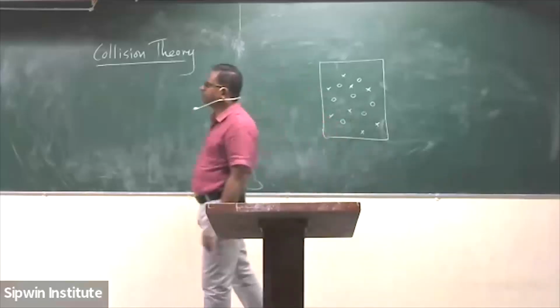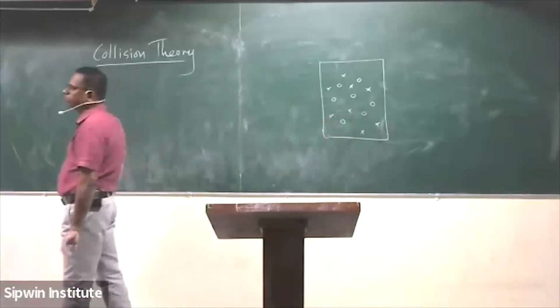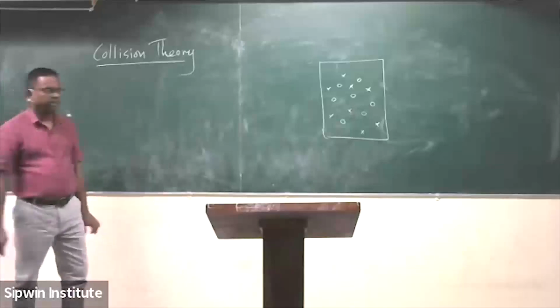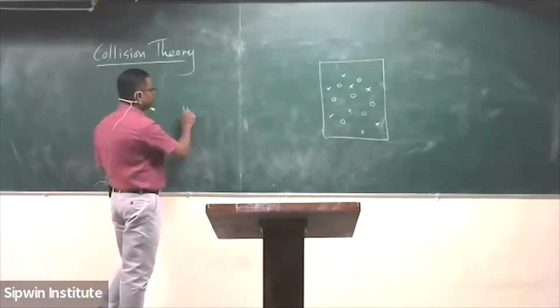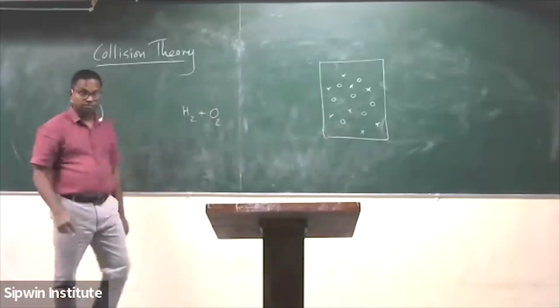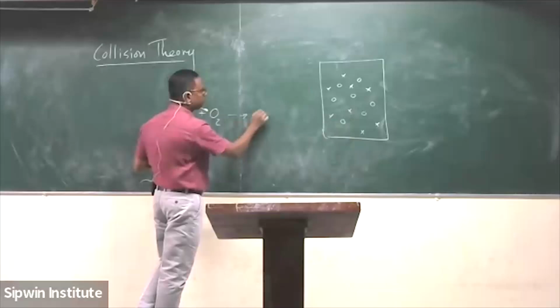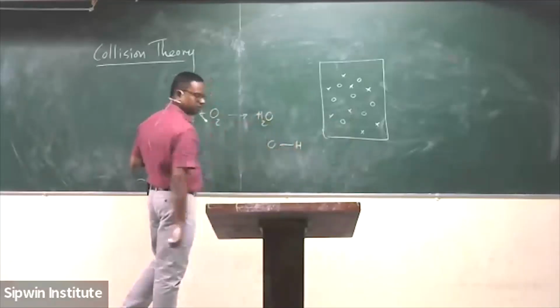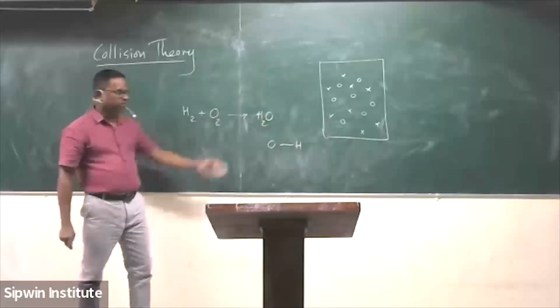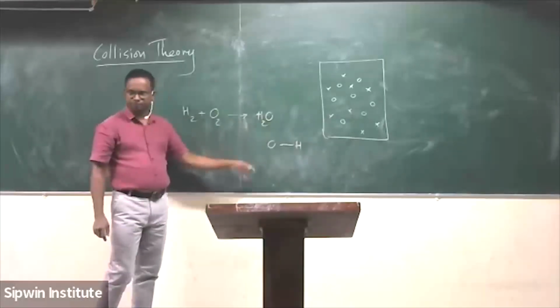Say, for example, hydrogen and oxygen mix in that container. We want to produce water, meaning we want to produce O-H bonds, no? H2O has to have the O-H bond formation to produce the water, another O-H here.